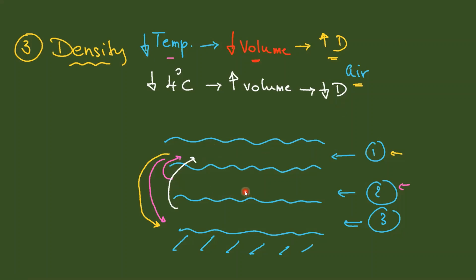Here at 4 degrees, the reverse happens. The volume starts to increase and the density will decrease. What will happen to the first layer of water? Will it sink or float? It will sink.